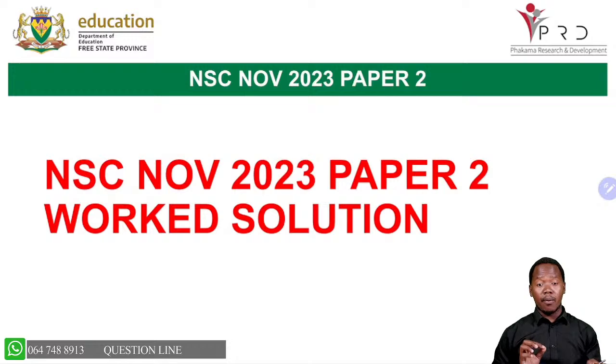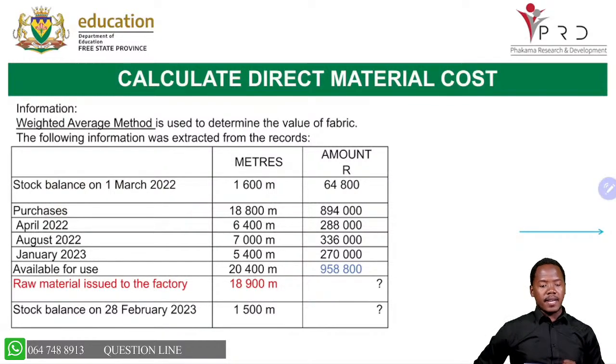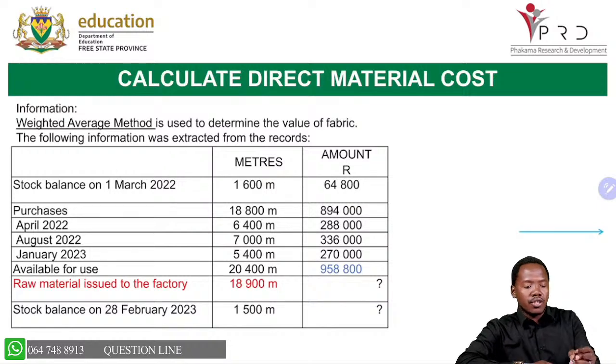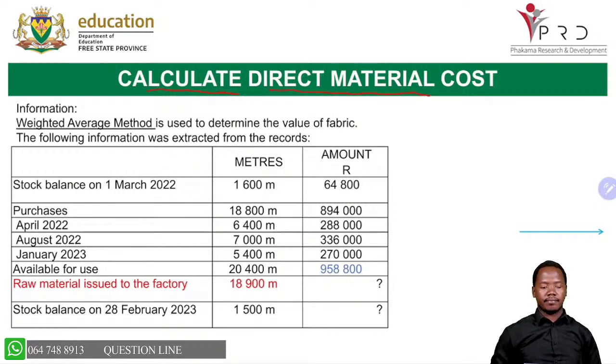Now, let us look at the worked solution for the paper that I just displayed. Now, the first one, what are we expected to do here? Let us look at the instruction on top. It says, calculate the direct material cost. I'm going to give you 2 minutes to calculate the direct material cost, and then we are going to look at our solution.